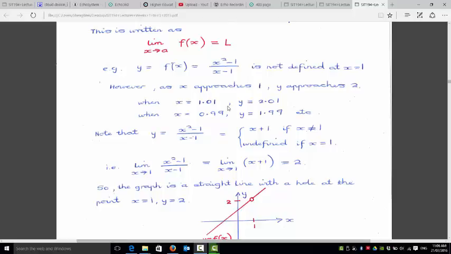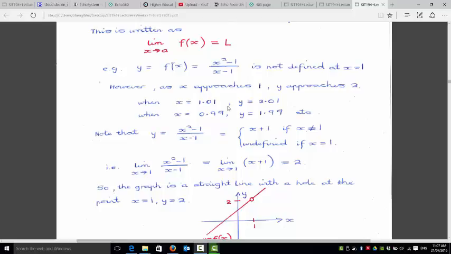Note that y is equal to x squared minus 1 over x minus 1, because here we will do factorization of the numerator x squared minus 1. Normally we will get x minus 1 times x plus 1.